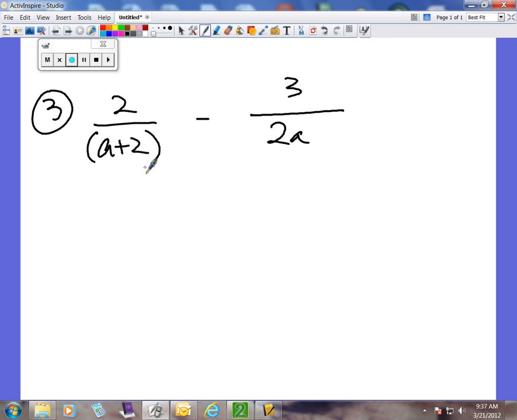Put parentheses around it. Now, do you understand? This is a binomial. This is a monomial. And neither one can be factored. We could make this a times sign here, but we don't need to. So isn't the first one just missing 2a? Do you see that? So I've got to multiply this by 2a on the top and the bottom.